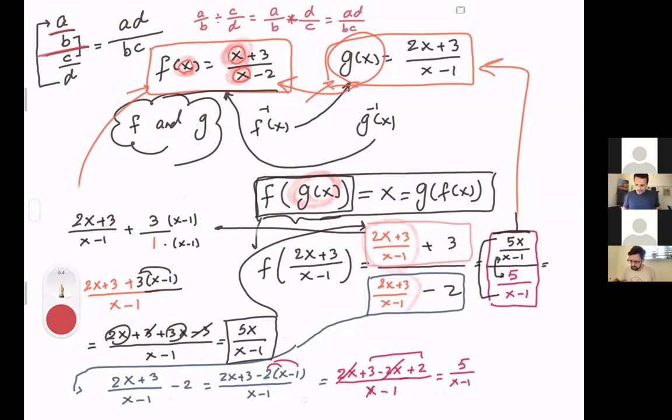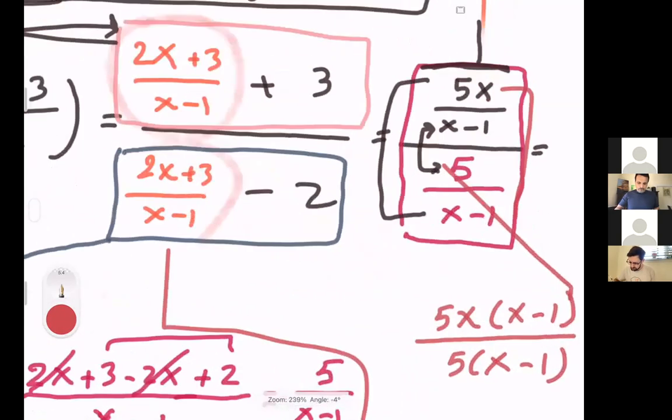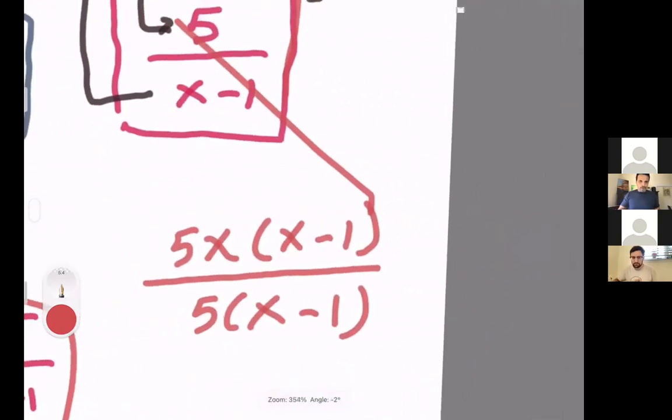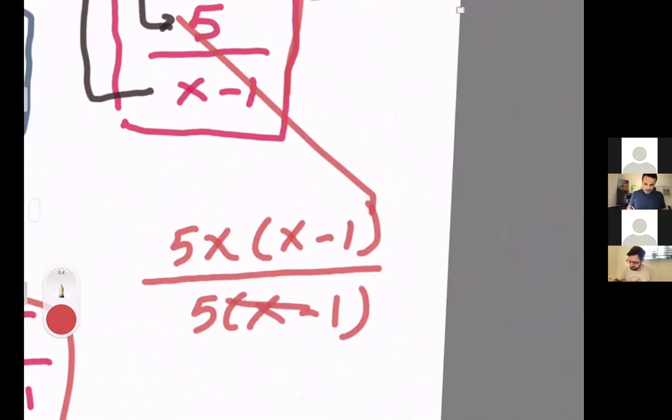So I'm going to do the same thing. I multiply this two far away. What's going to happen? We're going to have one fraction, 5 over x minus 1, and on the top 5x times x minus 1. Now, that's the fun part. x minus 1 cancels.